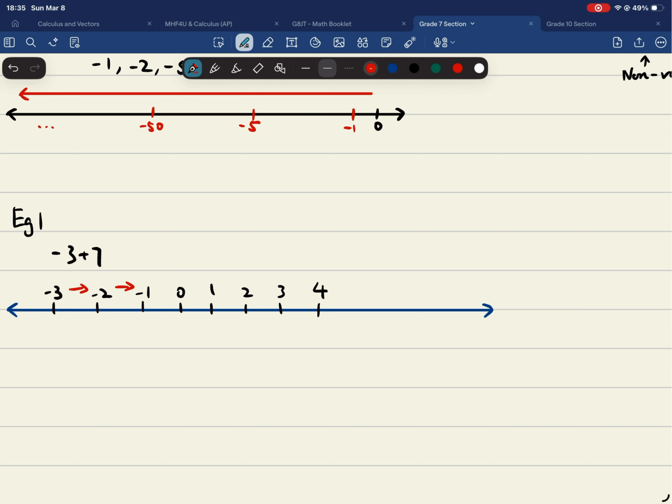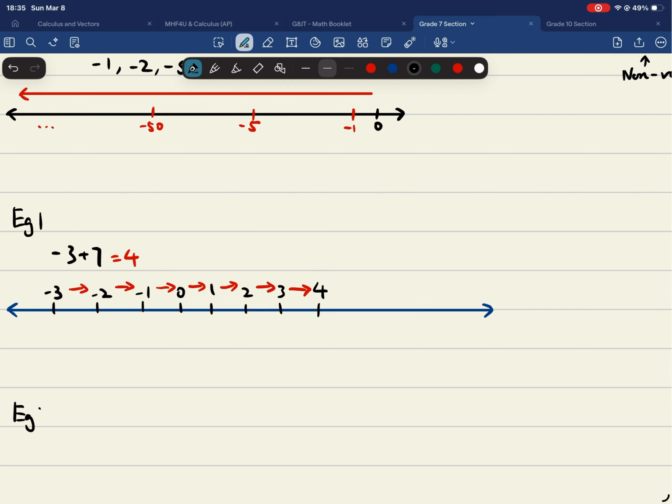So if you count, there's 1 step, 2 steps, 3 steps, 4 steps, 5 steps, 6 steps, and at last 7 steps. So when you've counted these, you'll know the answer will be 4.